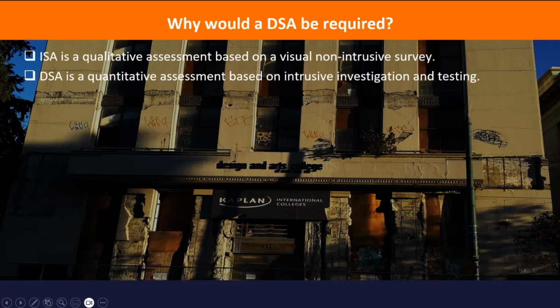A DSA, on the other hand, is a quantitative assessment. You will do calculations, you will crunch the numbers, and you will do a more detailed investigation and even testing in some cases. You can take samples of the steel or samples of the concrete, and by that, you can get the actual material properties that the building has.